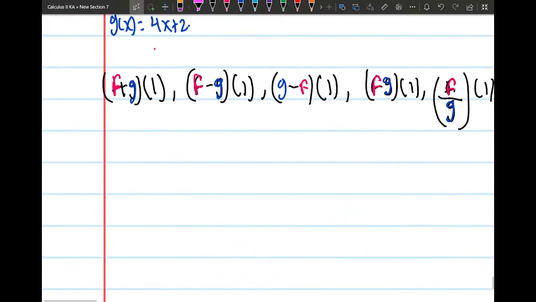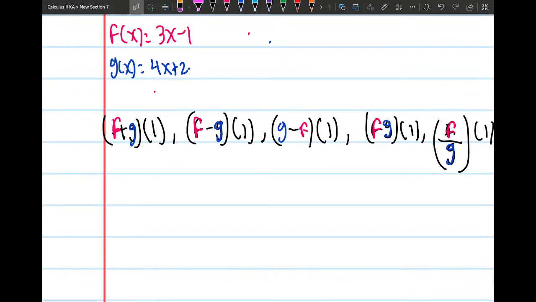We're just going to do one example of these, and then finally we're going to get into composition of functions, and that'll be it for this live stream. So, for example, again, we have f of x equals 3x minus 1, and g of x is equal to 4x plus 2.